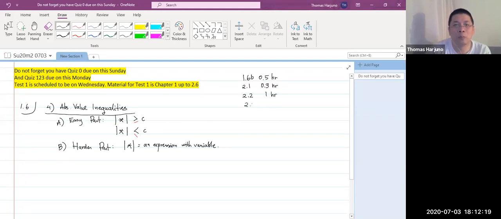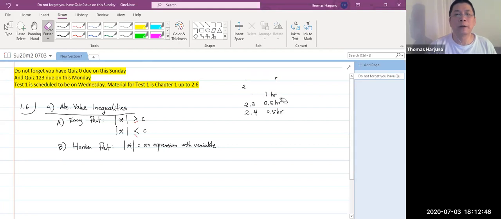And then 2.3, I will spend approximately half an hour. And then I will go to 2.4 after that. It's quadratics, approximately half an hour too. And then on Monday, I will continue with 2.4, 2.5, and 2.6. That's the plan. Okay, let's start with the lesson then.